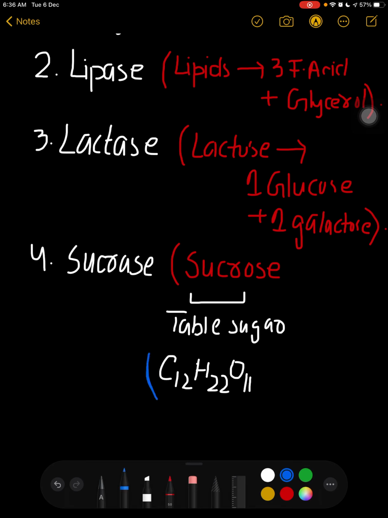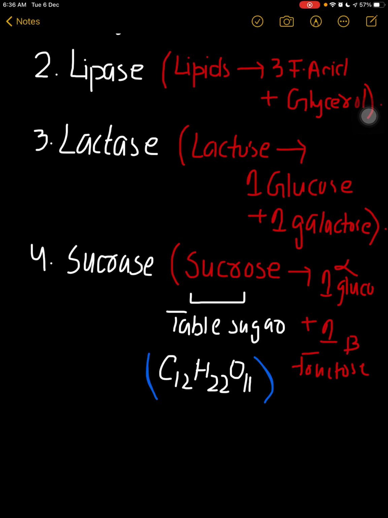This sucrose will be converted into 1 glucose and 1 fructose, basically alpha glucose and beta fructose.